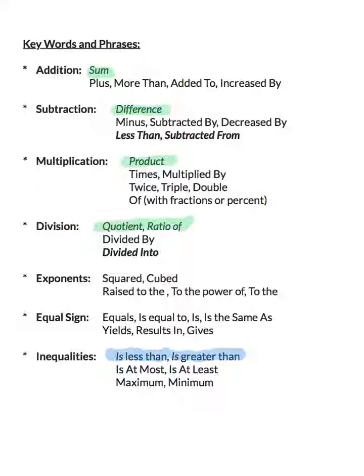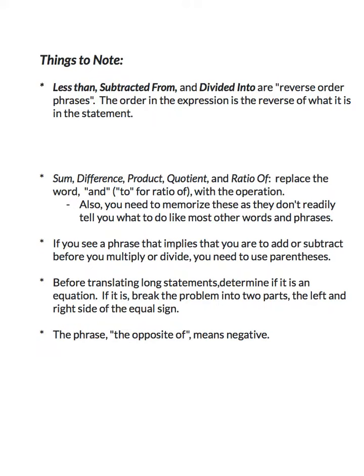Now, the ones that I pointed out earlier, less than, subtracted from, divided into. These are reverse order phrases, and so that's one of the reasons that you do need to know them specifically. So let's go through the ones that we highlighted.